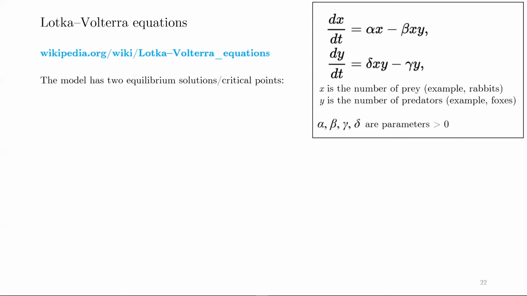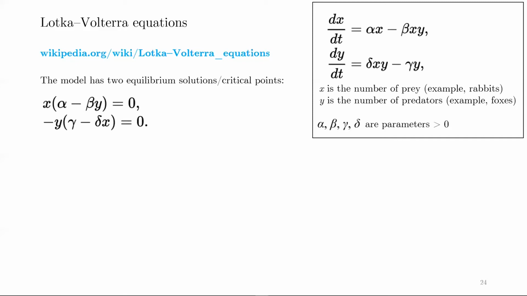Okay, so this model has two equilibrium solutions, or two critical points. Remember, these critical points are where both dx by dt and dy by dt are equal to 0 simultaneously. So if you write down those equations, basically we're just looking at this second part here: alpha x minus beta times xy equals 0, and minus gamma y plus delta x y equals 0.